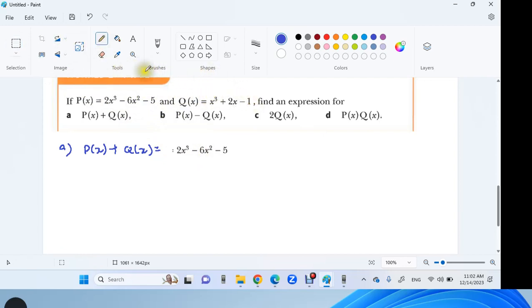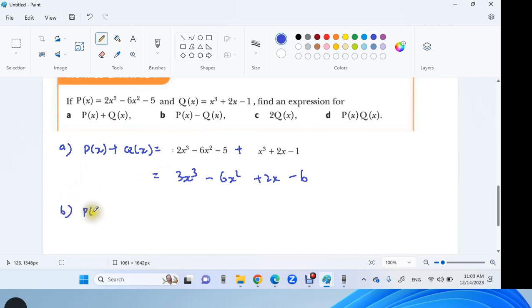So what we have is 3x cubed minus 6x squared plus 2x minus 6. The terms with the same power we can add up or subtract.